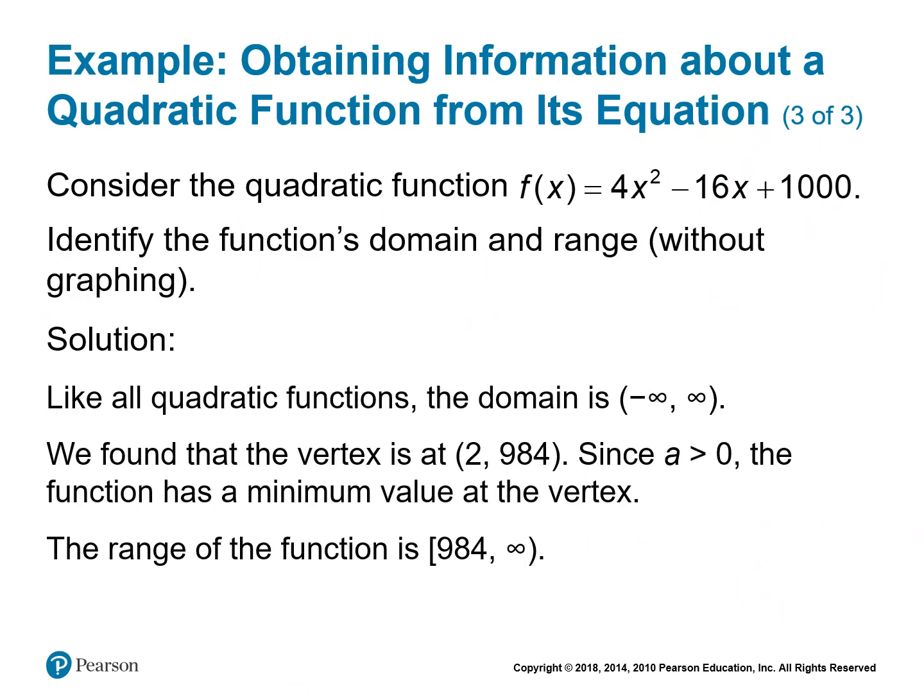We now go into answering another question on the quadratic function, which is about the domain and range, without graphing. So we are given the same function. Consider the quadratic function f of x equals 4x squared minus 16x plus 1000. Identify the function's domain and range without graphing.